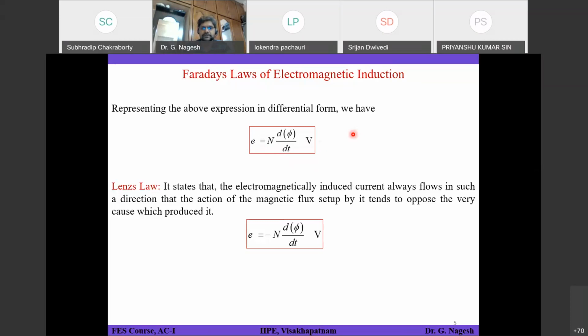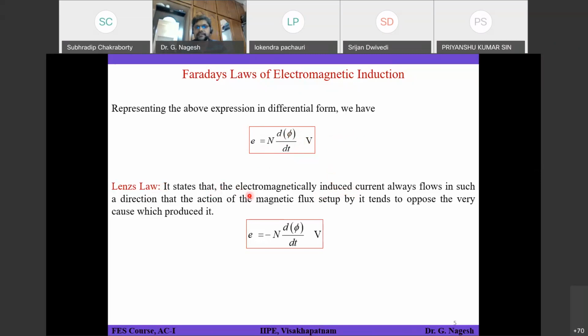Something similar to that, if you see here, it states that the electromagnetically induced EMF or current, that means we have seen there is an EMF induced in it. If the circuit is closed, this EMF will force some current to flow in the circuit.